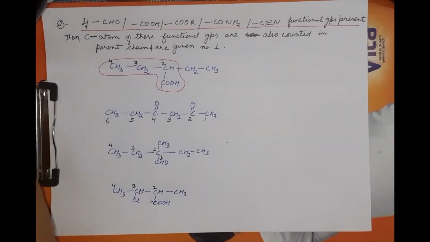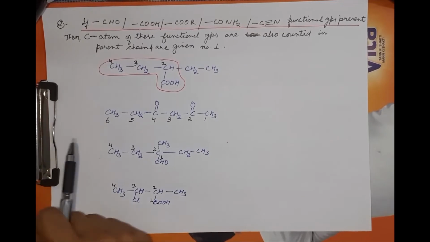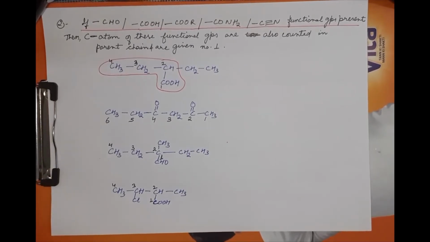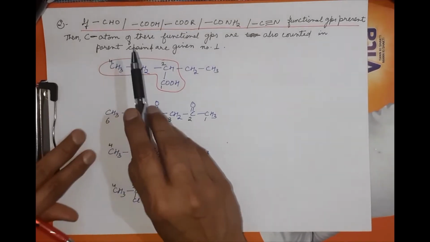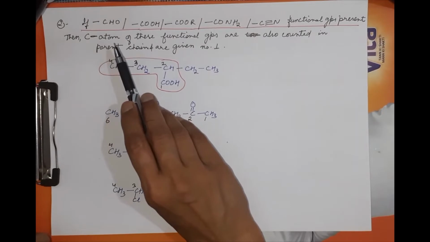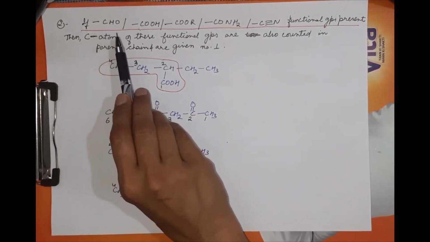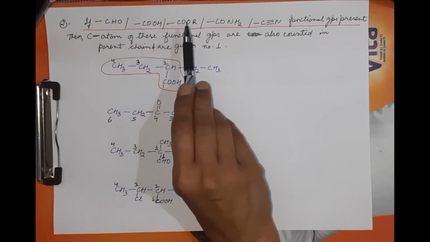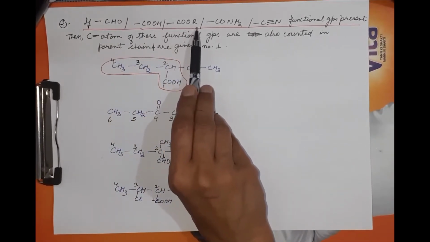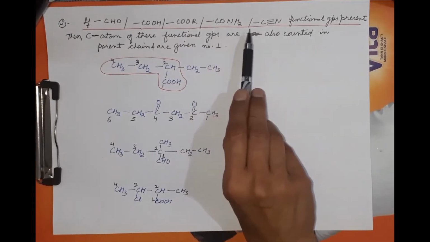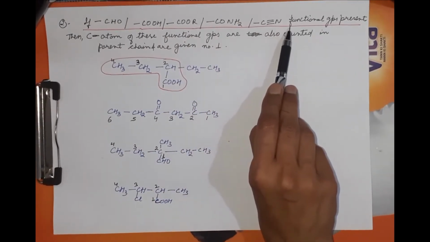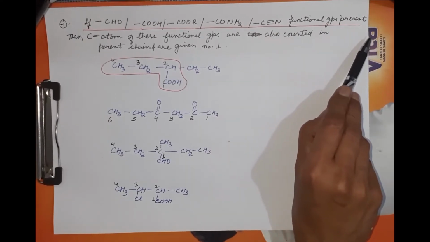So then the next possibility is there, if the functional group is having a carbon atom, like functional groups such as CHO, aldehyde, COOH, COOR, ester, or amide, CONH2, or cyanide.